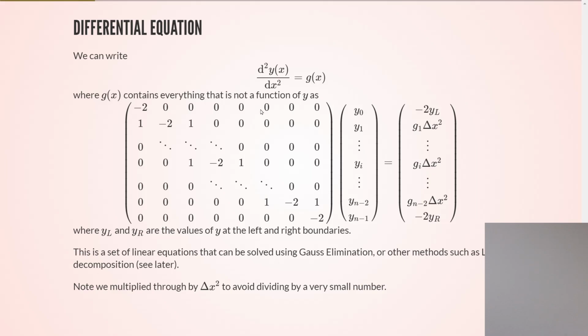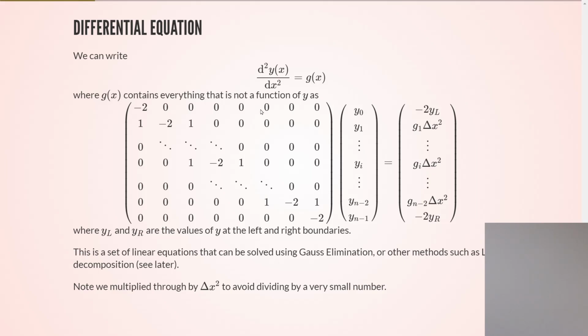Apart from the top and bottom rows, we've got 1, -2, 1. So the -2 is on the main diagonal, and then we've got 1s either side of it. So we can set up this matrix. There's an unknown column vector, and there's a right-hand side, which is known.